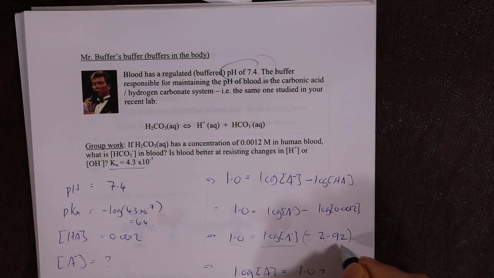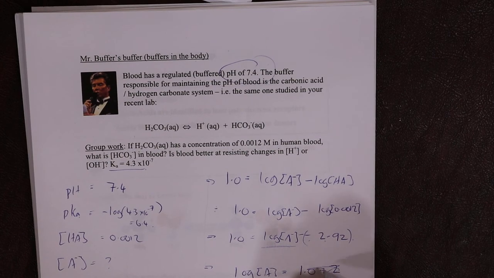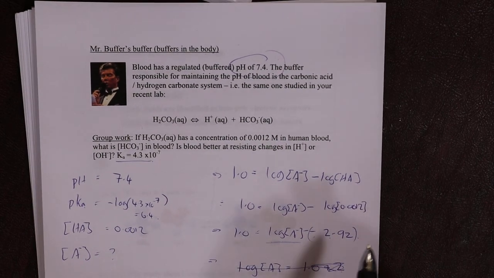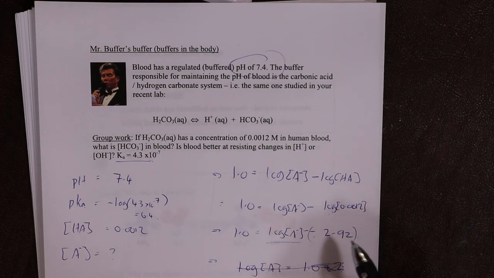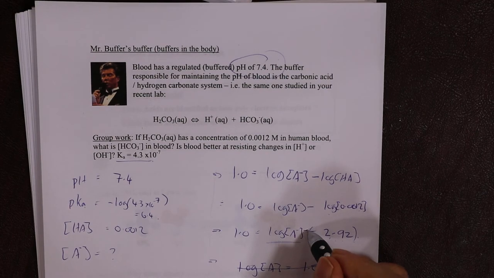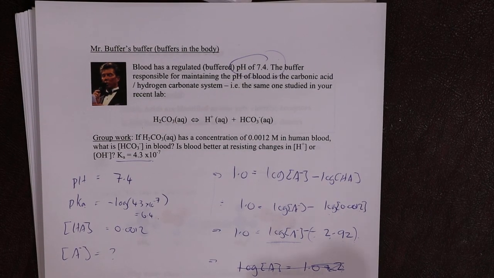Make sure I get my signs right. The log of 0.0012 is minus 2.92, and I'm subtracting, and minus times a minus is a plus. So 1.0 equals log A minus plus 2.92.